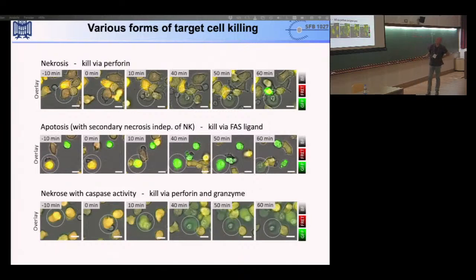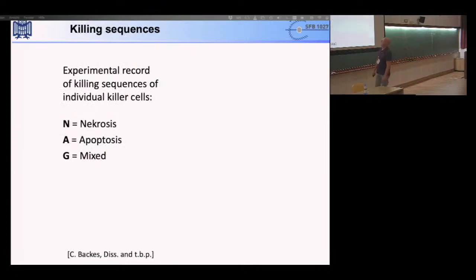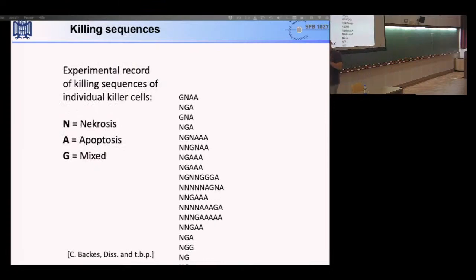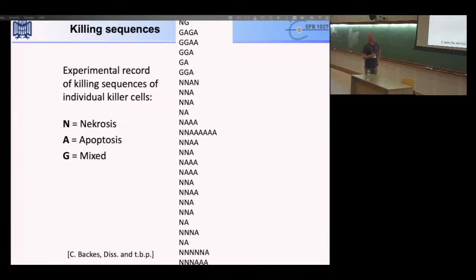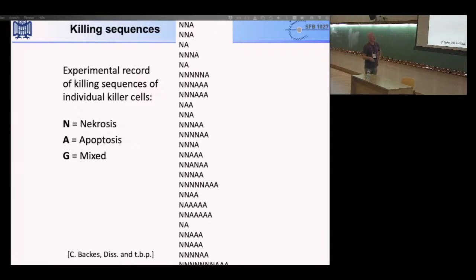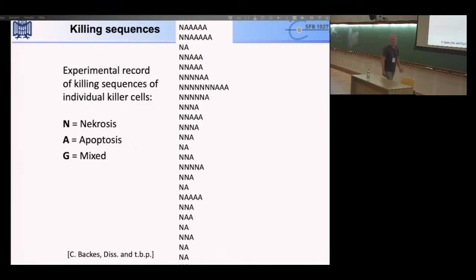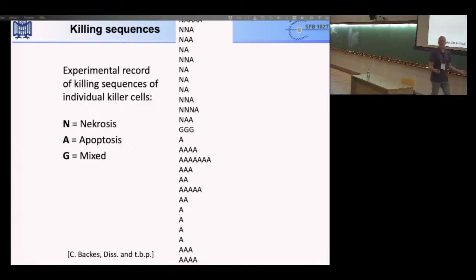And sometimes you observe necrosis with caspase activity, meaning they are killed via perforin and granzyme. The big question is whether this is all accidental. Sometimes you observe necrosis, gemischt, which means mixed, and A means apoptosis, so they observe killing sequences.